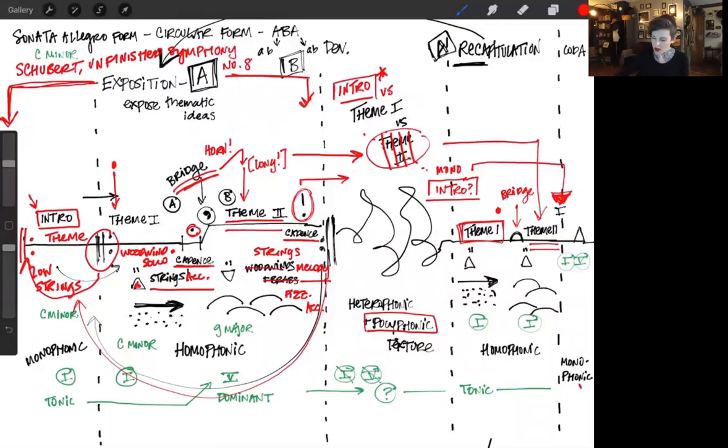As we recall, theme 2 is rather long. This is one of the reasons why we did not hear much in terms of the theme 2 idea within the development section. So the introduction, if we're talking about proportions, was maybe like 10% of what we listened to.